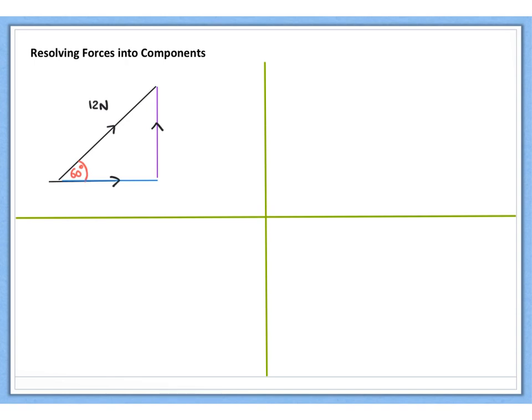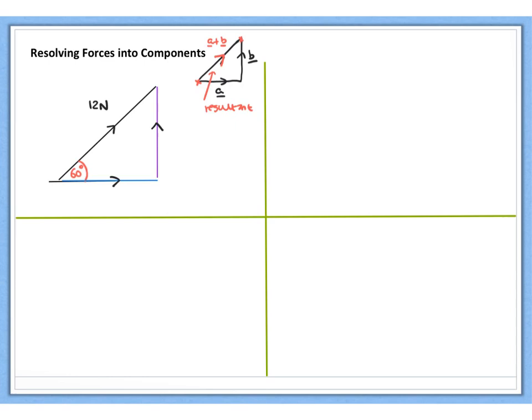If we have a horizontal vector A, and we add a vertical vector B, then if we go from the start of vector A to the end of vector B, this vector here is the resultant of A and B. It is A plus B.